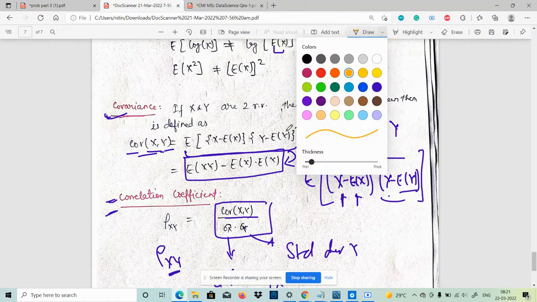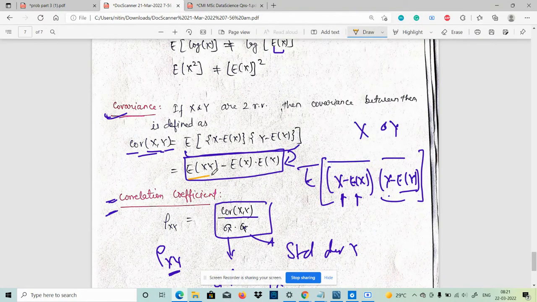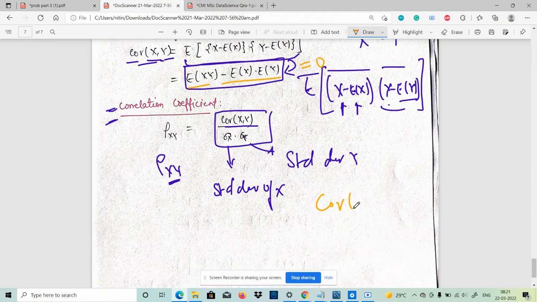If they are independent, these both quantities are going to be the same, so the covariance will be zero. If it's given that covariance is zero, you can assume that expectation of x into y is equal to expectation of x into expectation of y.